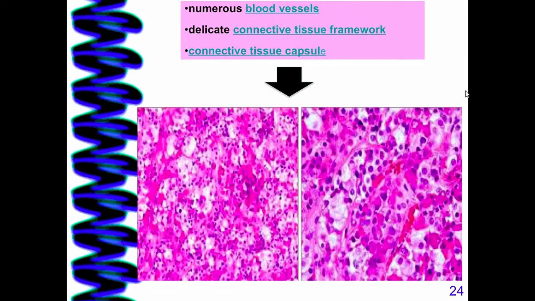They will release their hormones to the blood. So kailangan marami silang background na blood vessels. Okay? And they have delicate connective tissue framework, no? So may mga connective tissue framework as the kumbaga house ng mga cells, and they have a connective tissue capsule.